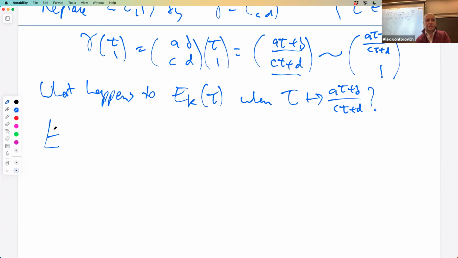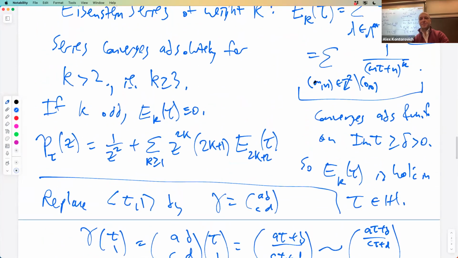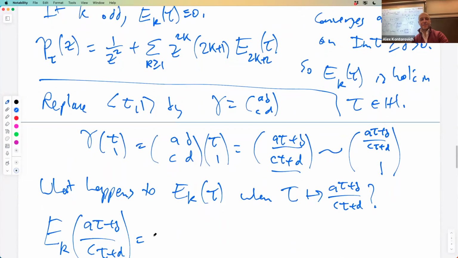Okay, so again, what is EK of A tau plus B over C tau plus D? EK of anything is this sum right here. So I'm just going to write that sum again.